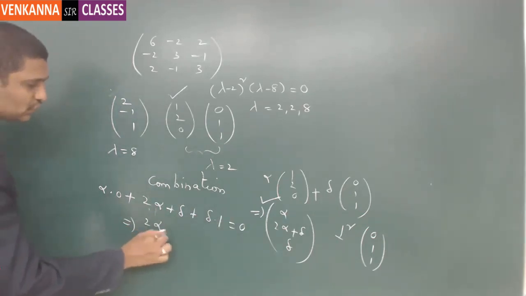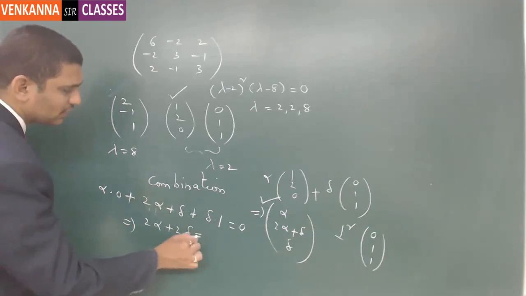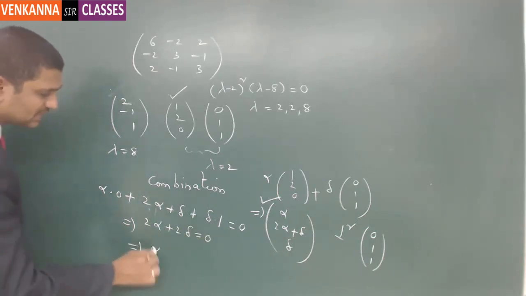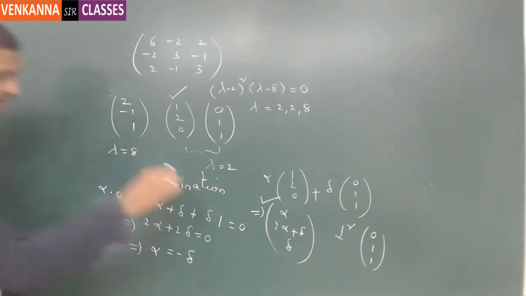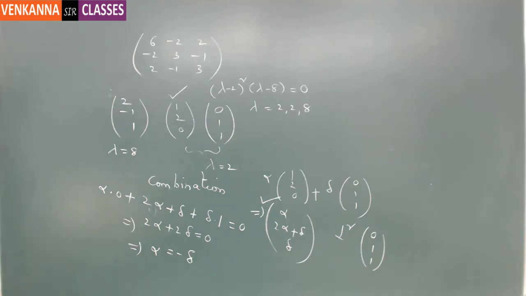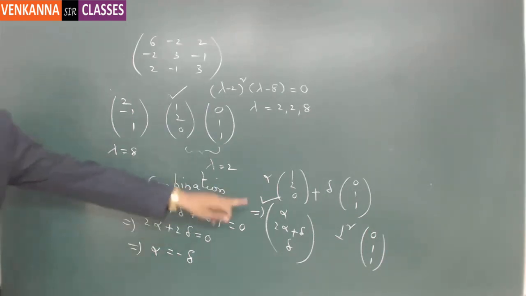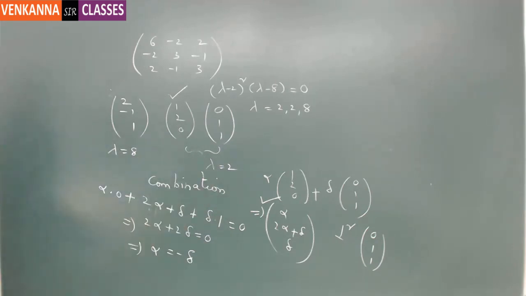This implies 2 alpha plus 2 delta equal to 0, which implies alpha is equal to minus delta. So if you take alpha equal to 1, then substituting the respective values, the vector is going to be 1, 1, minus 1.